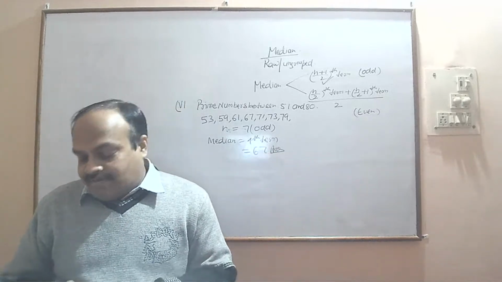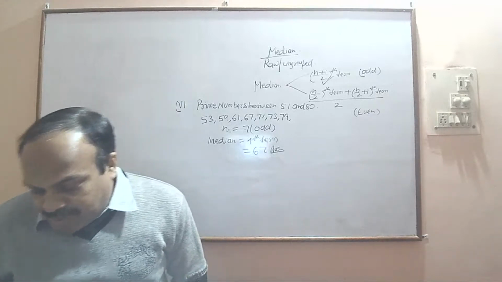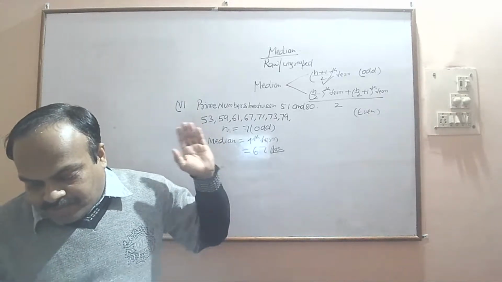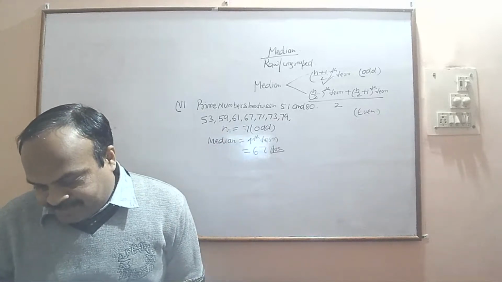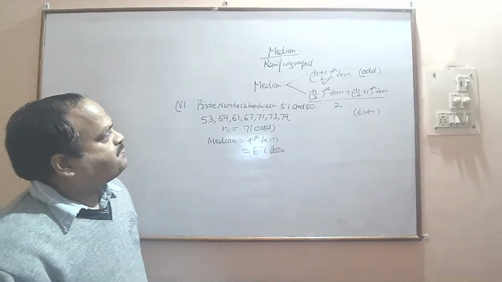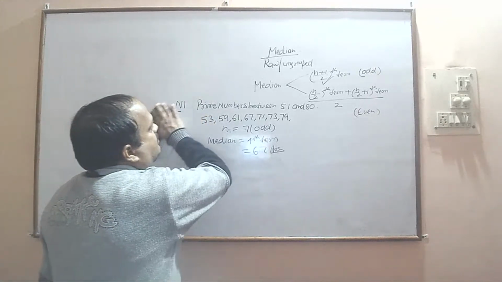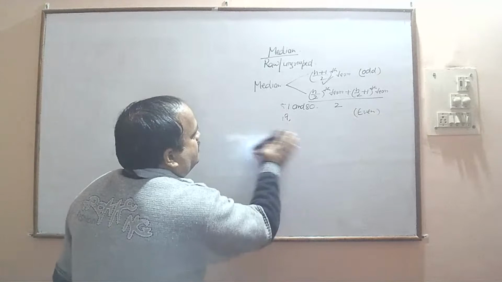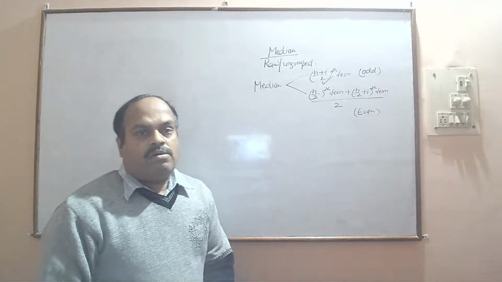So 67 is the median of prime numbers between 51 and 80. Now question number 2.